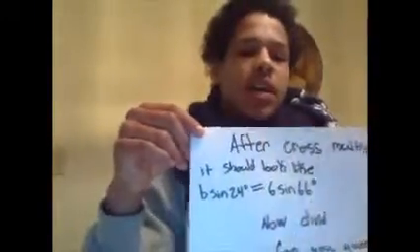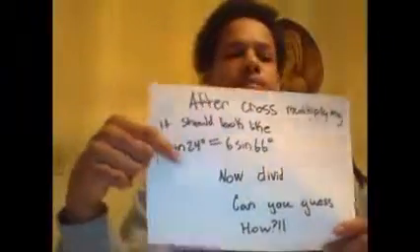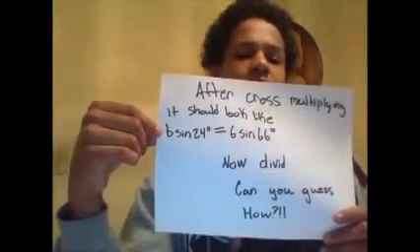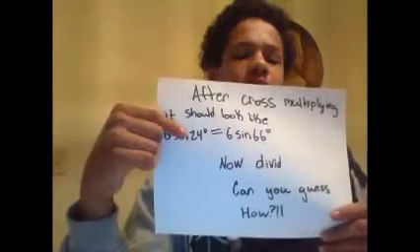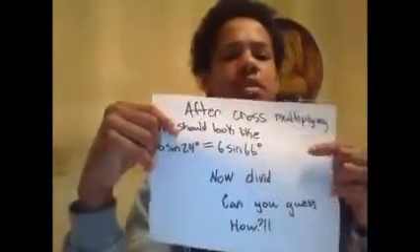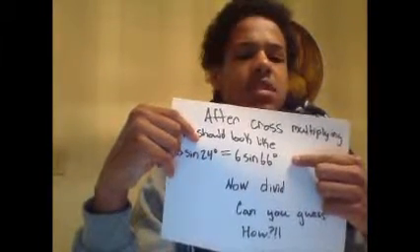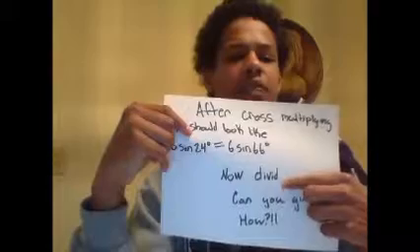So, after cross multiplying, it should look like this. You should have B sine 24. You should also have 6 sine 66. Now divide.